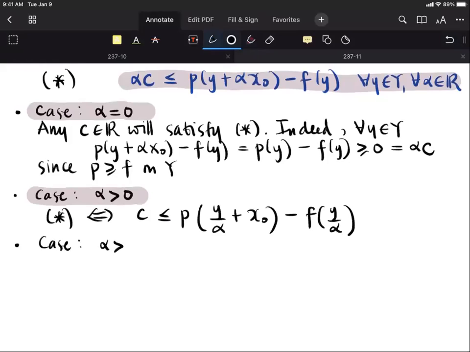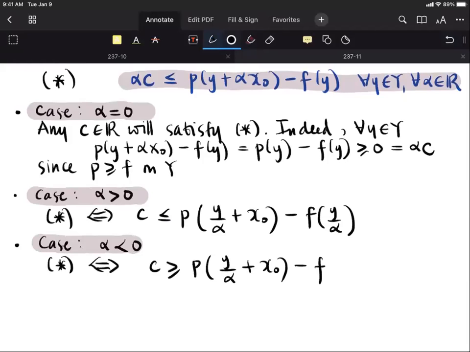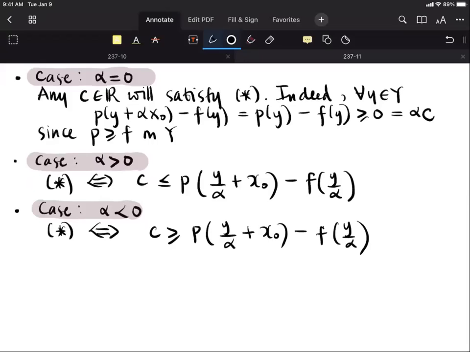For the negative case, the inequality will be reversed. So this one is equivalent to c greater or equal to p of y over alpha plus x naught minus f of y over alpha. And we can rewrite this according to the linearity of f.